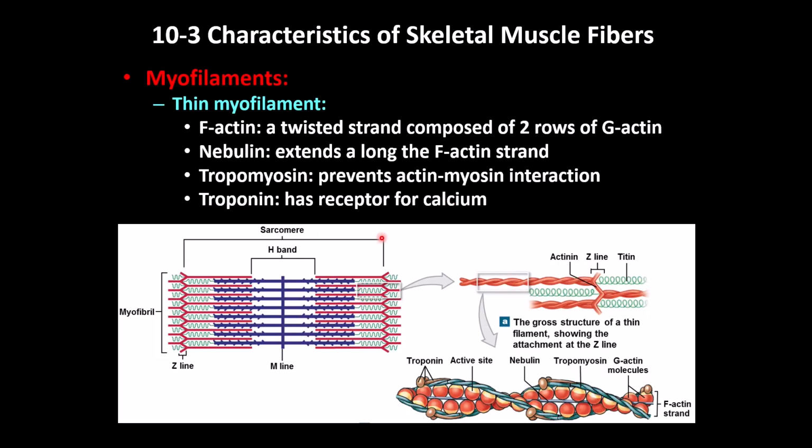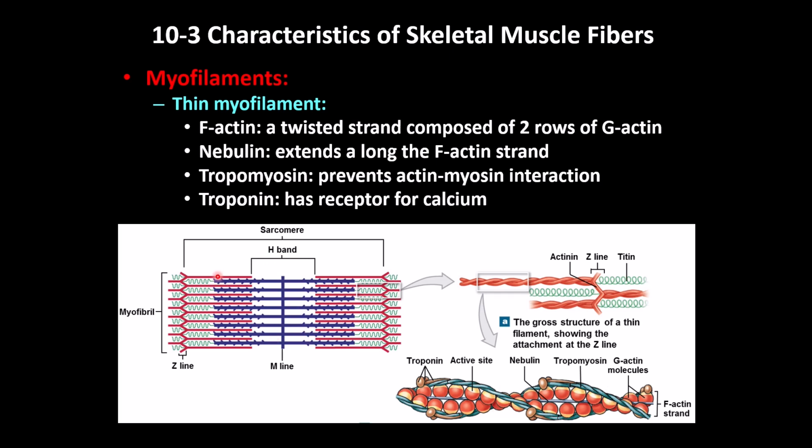So what are the thin filament and thick filament? Look at this image again. You can see a sarcomere here from one Z line to another Z line. In the middle, this image is nicer, you can see it easier. You have the M line connecting the thick filaments. The area that only contains thick filament is called the H band.